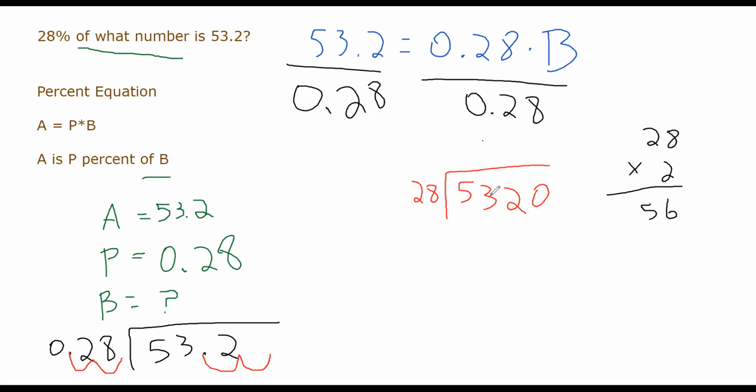So 28 will go into 53 one time. We subtract off 1 times 28, which is 28. Now 53 minus 28 is 25. Now I bring down the 2, and I get 252.